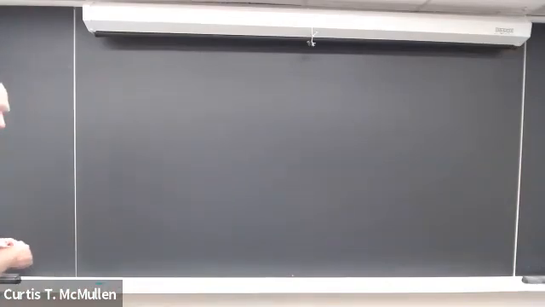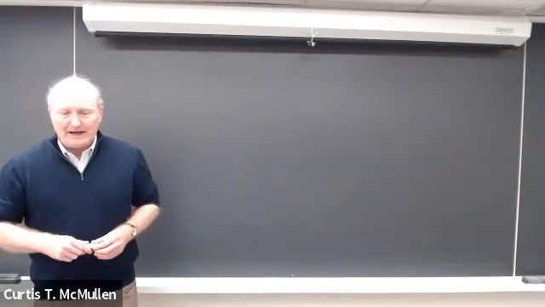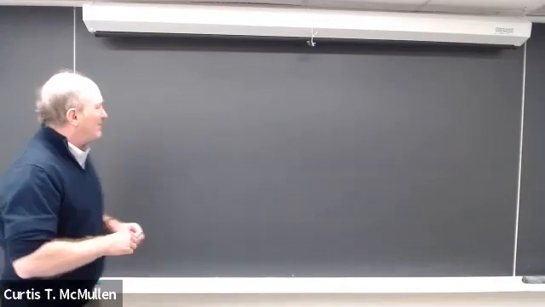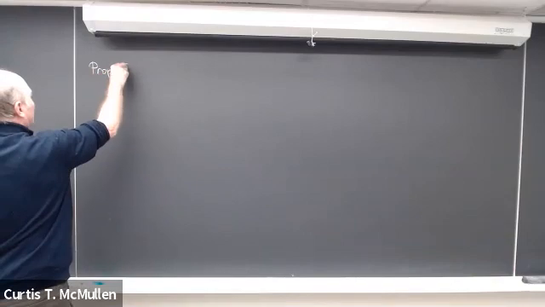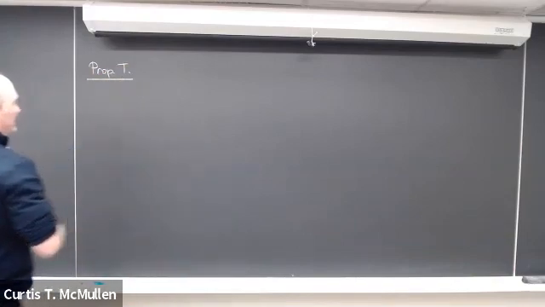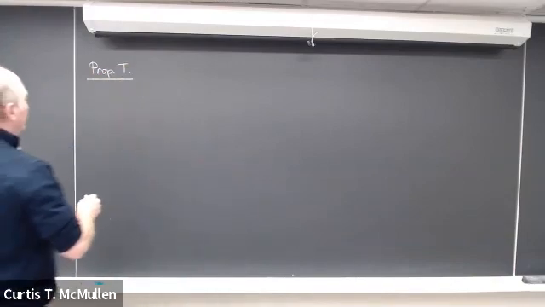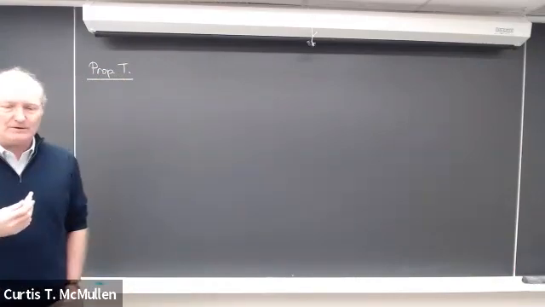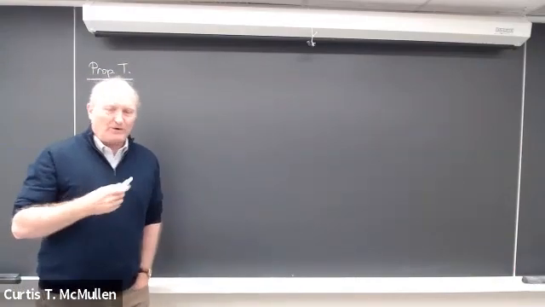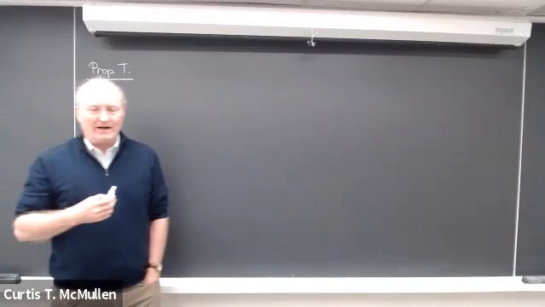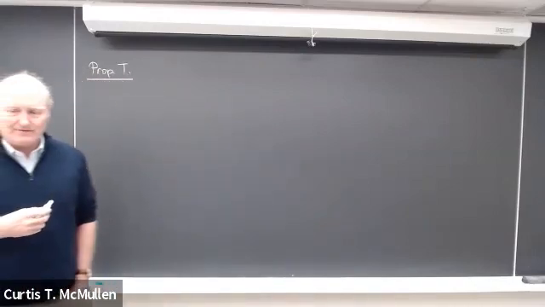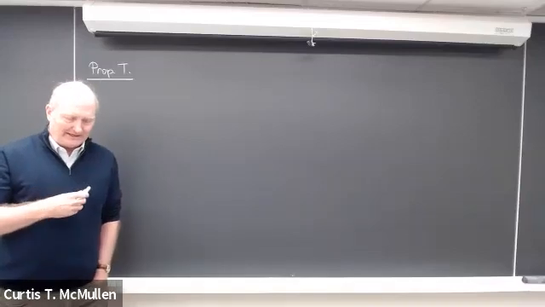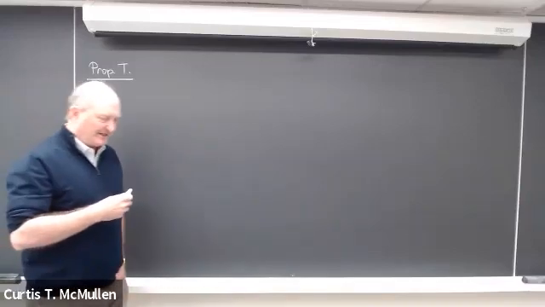So today I want to discuss property T, which we defined and discussed a bit last time. Its basic properties, and what we're going to prove is that property T holds for SL(n,R), and then ultimately that it holds also for lattices in a Lie group once it holds for the Lie group itself.